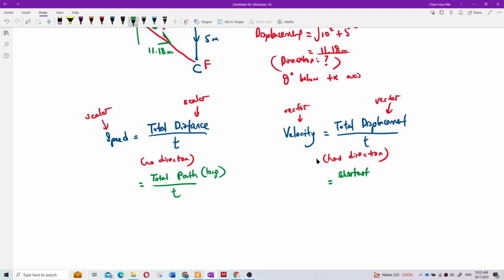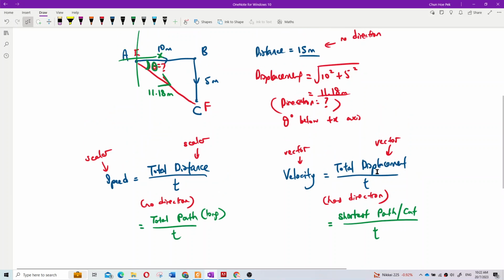So this is the shortest path, or shortcut, over time taken. That's the difference between speed and velocity. For velocity we use the shortest path divided by time. For speed we take the longest path divided by time.